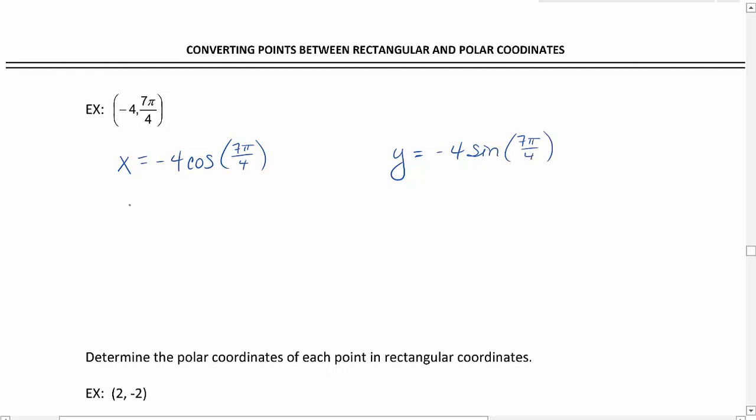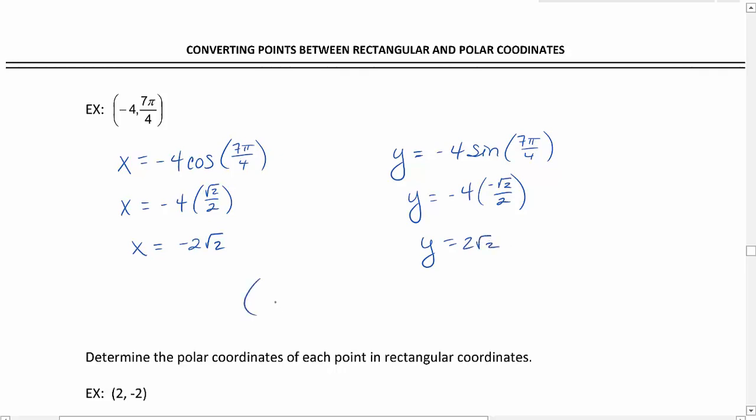Cosine of 7 pi over 4 is a positive square root of 2 over 2. And sine of 7 pi over 4 is a negative square root of 2 over 2. So we get x to be negative 2 square root of 2 and y to be positive 2 square root of 2. And again, make sure that you're writing that as an ordered pair for your final answer.